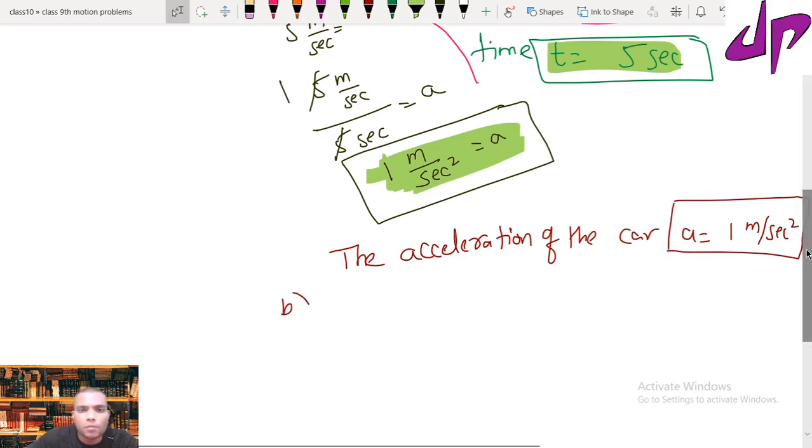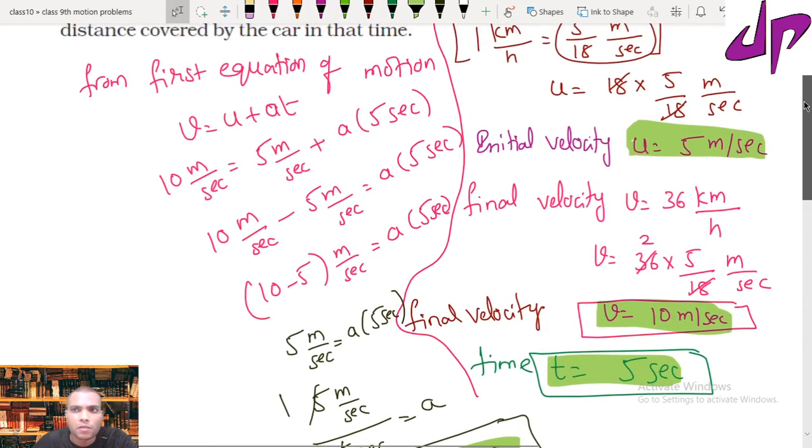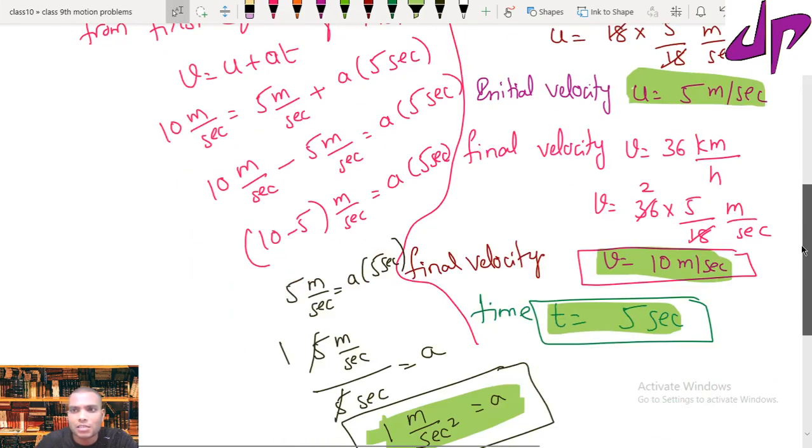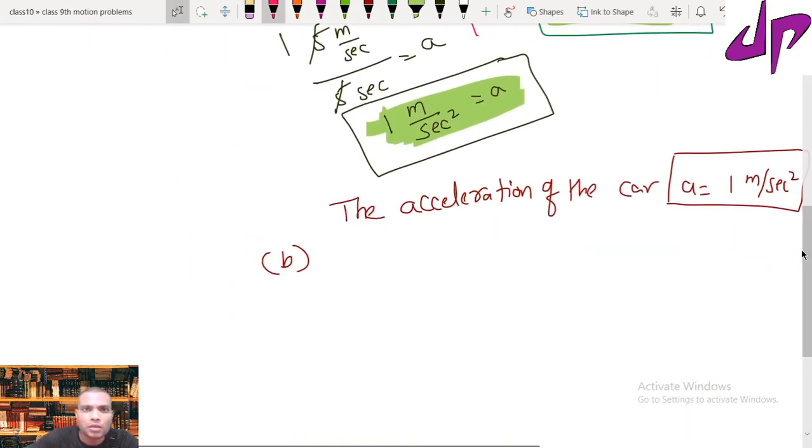To solve the second part, part B of this given problem, we need to find the distance covered by the car. To calculate the distance covered by the car, you can use the third equation of motion.